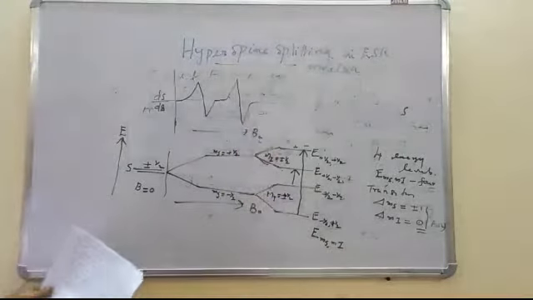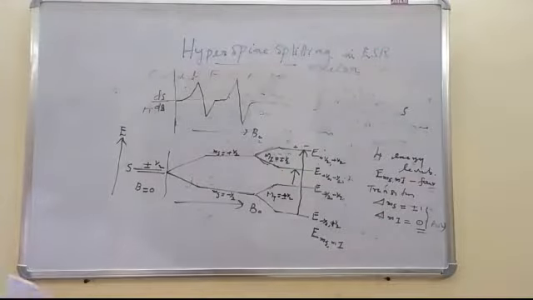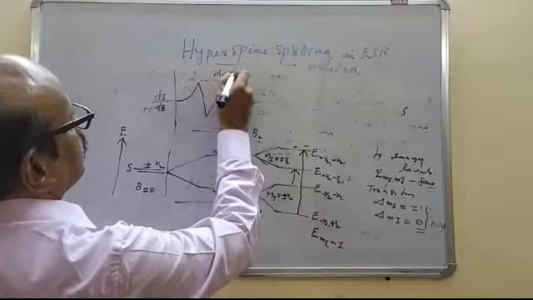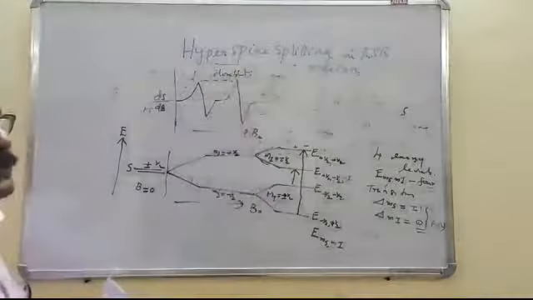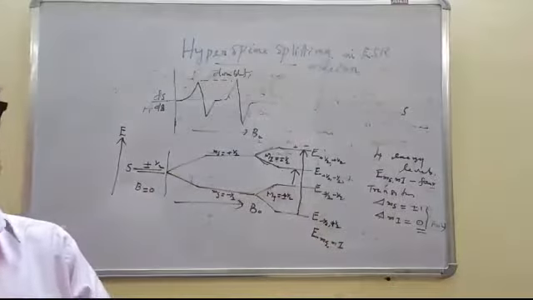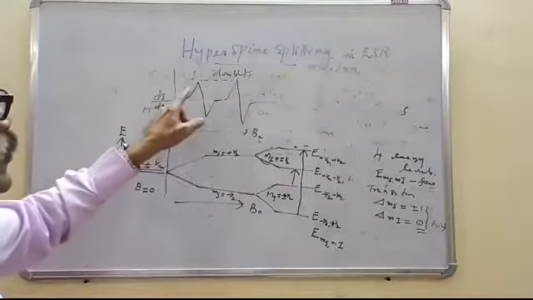This is the type of signal obtained. So here it is a doublet. So the ESR spectrum of the hydrogen atom thus appears to be a doublet, or it consists of 2 lines, with 2 peaks.